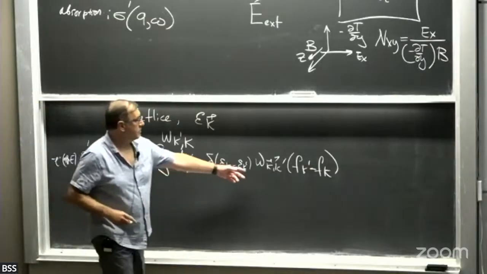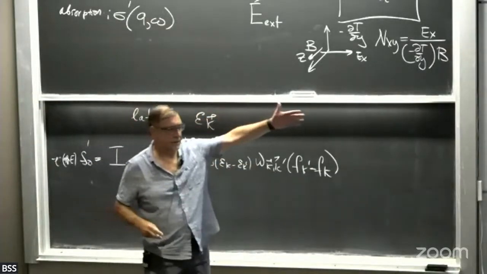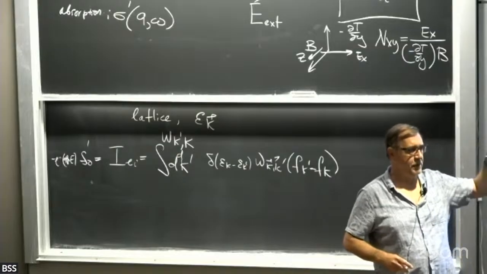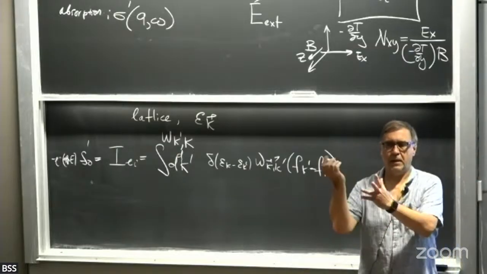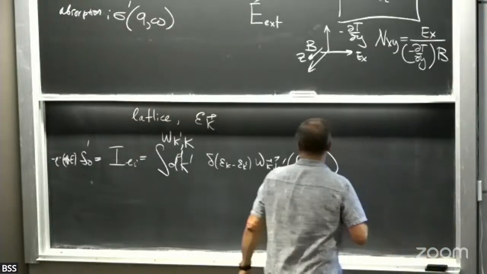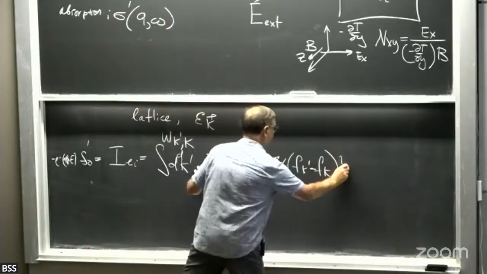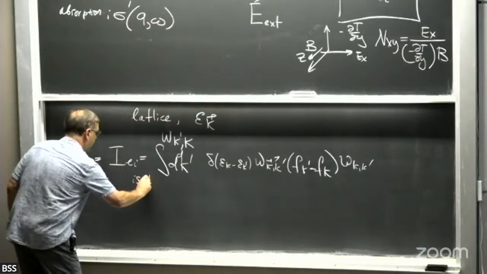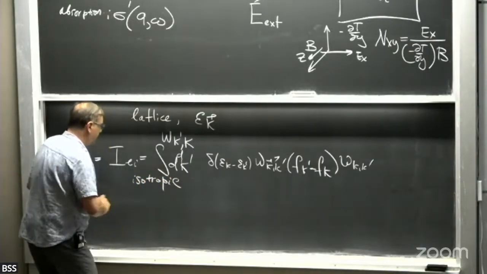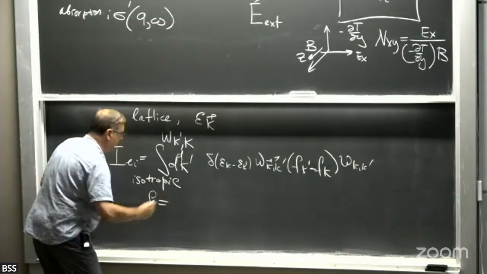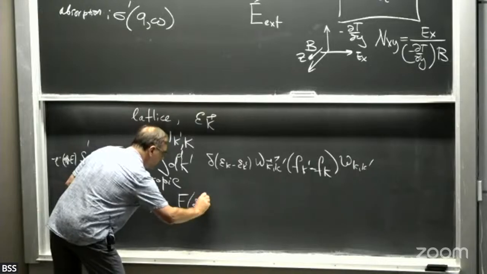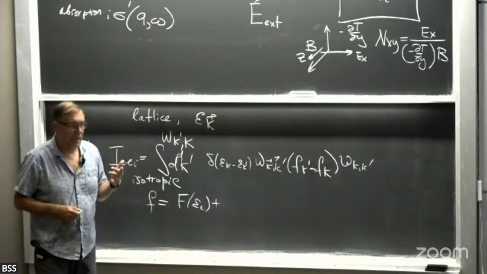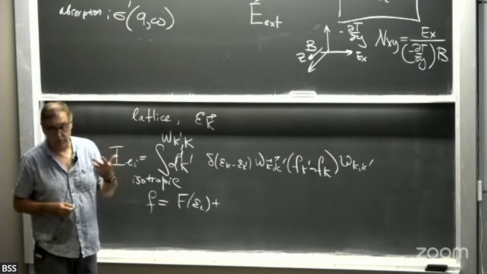Now, if the scattering probability is isotropic, we solve the problem just in one go. We multiply the left-hand side and the right-hand side of the Boltzmann equation by the velocity. The right-hand side immediately gives us the current. If the scattering probability is not a constant, I cannot do that, but then if the system is isotropic, I can rely on symmetry. And symmetry will tell me that F can be only written as, let's say, some function of energy, which we don't care about, plus, because a deviation from the equilibrium is due to electric field, it must be proportional to the electric field.